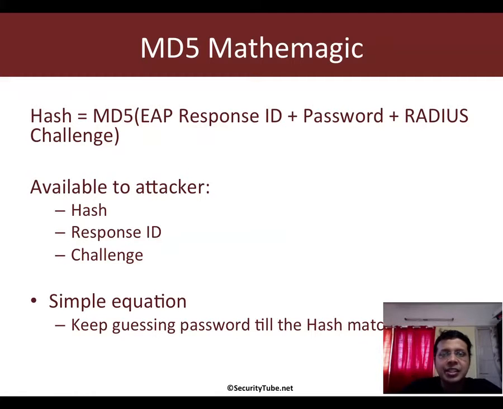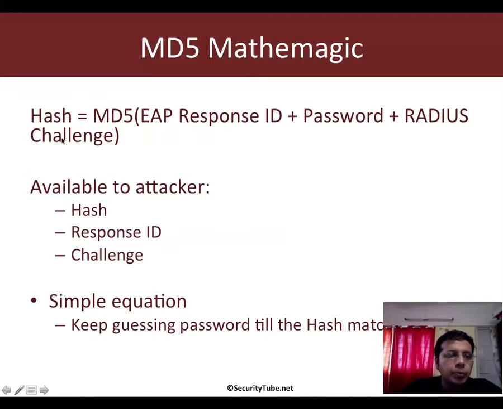This is actually the password which we entered in the Radius server's users file, which, if you remember, was username SecurityTube and password demo12345. Finally, this is concatenated along with the Radius challenge, which is the long 16-byte challenge which the Radius server sends. Right?